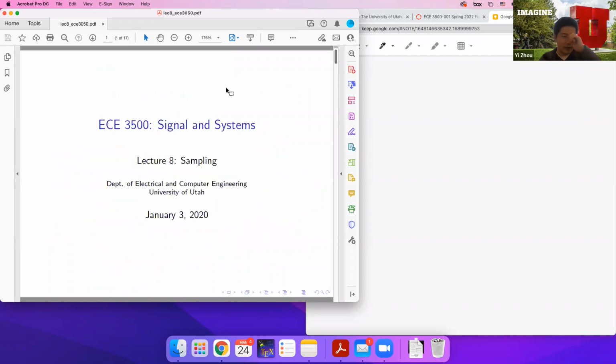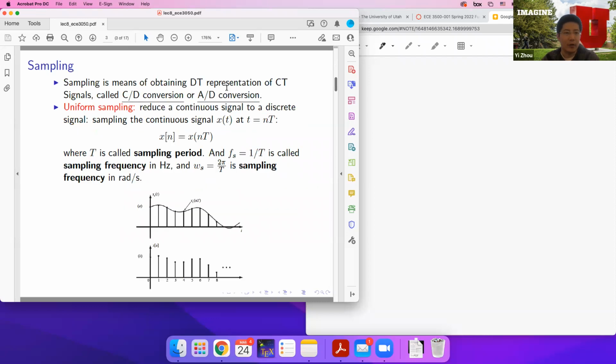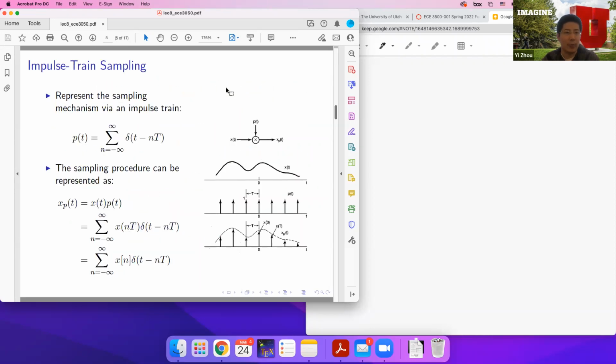So lecture 8 is a very interesting and fundamental topic on sampling. Sampling is also the core topic of information theory, communication, and signal processing. Here we are looking at how to sample given a continuous signal.